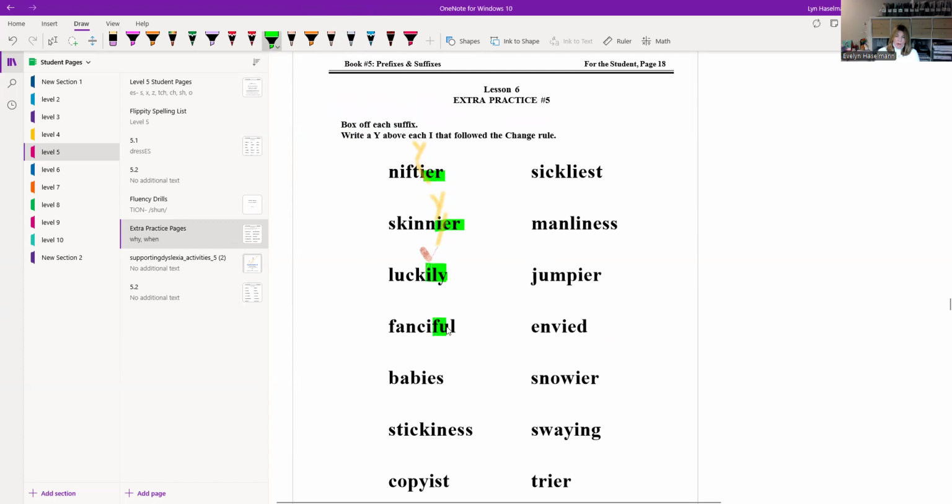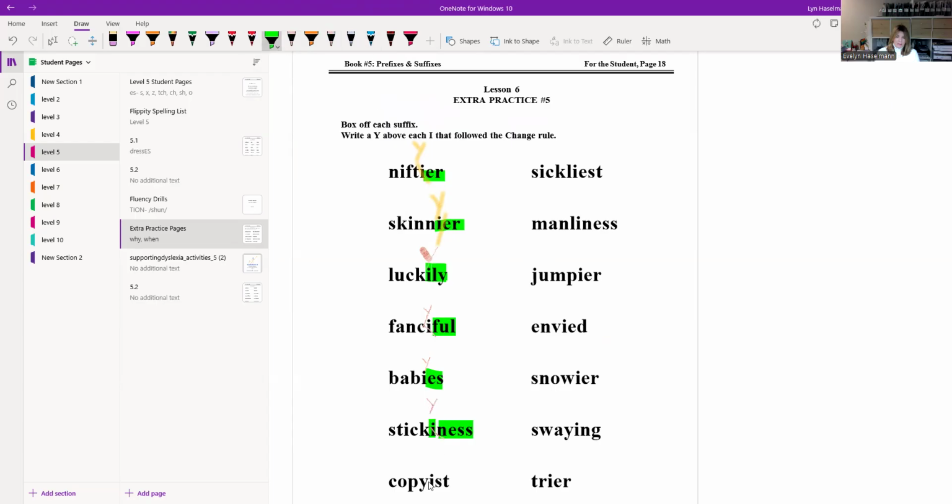We have one suffix on here, just full, and that was a Y. We have babies. So suffix, and that was a Y. And stickiness, okay? So again, we have two suffixes, ness, and then the Y that changed to an I. That will be a Y there.